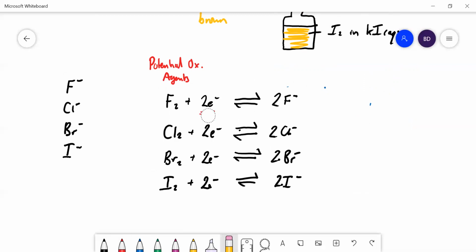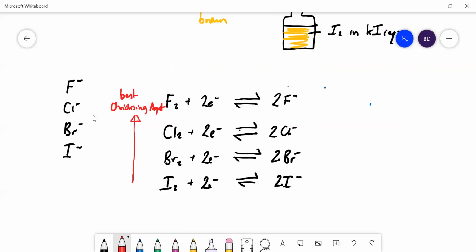Now, who's going to be the best at accepting electrons? Fluorine, chlorine, bromine, or iodine? It's obviously going to be fluorine. So I'm going to draw a little arrow here: increasing strength, or let's just say best oxidizing agent. So iodine is the worst oxidizing agent.